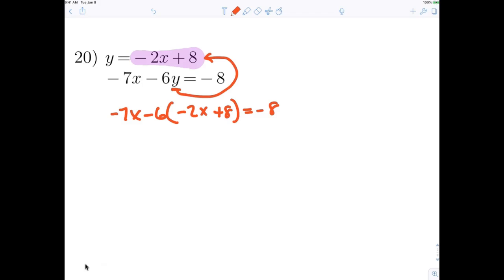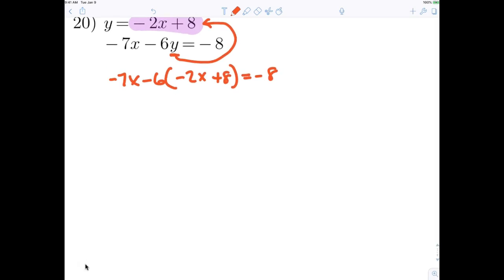Okay, so once again, just look real quick. I just replaced this y right here with negative 2x plus 8. You see that? Now you just distribute, combine terms, and solve that equation. When I distribute, I get negative 7x plus 12x minus 48 equals negative 8.